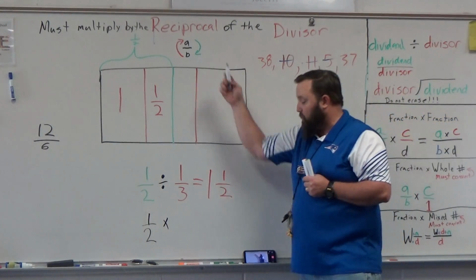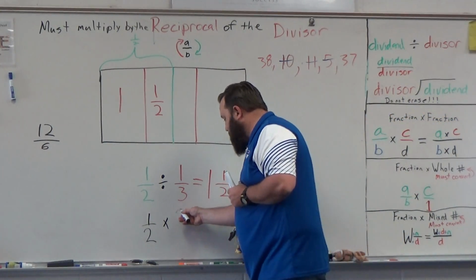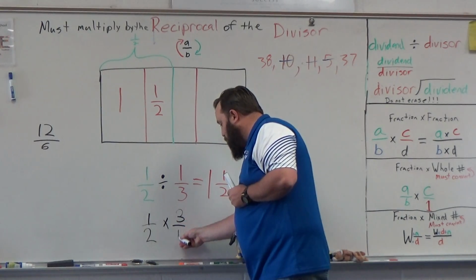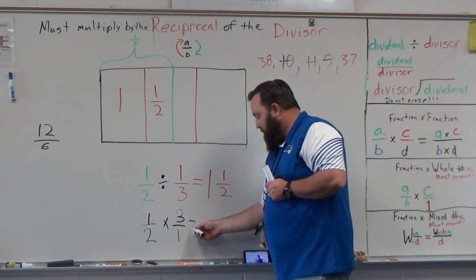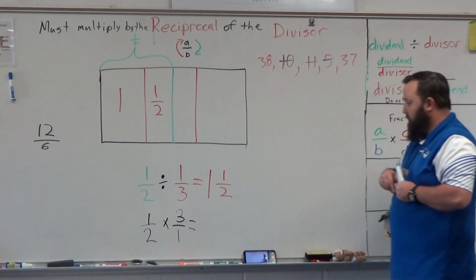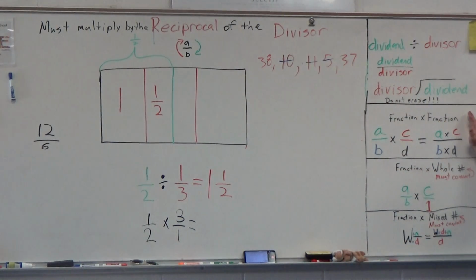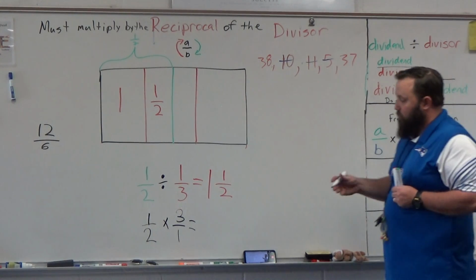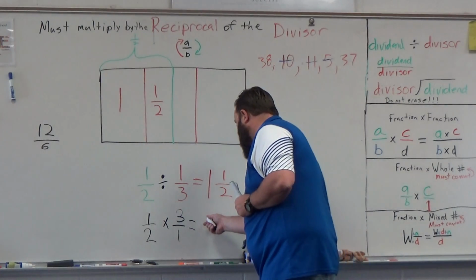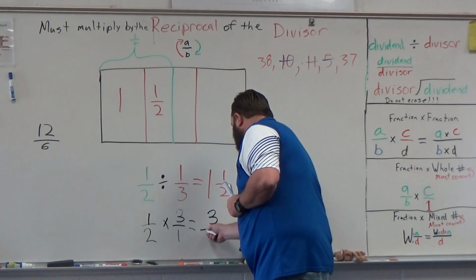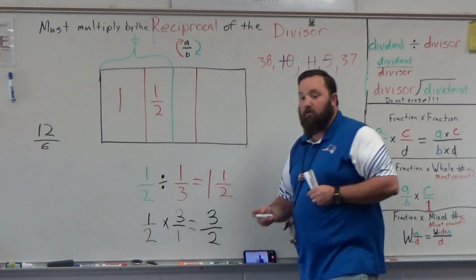So the reciprocal of 1/3 is 3/1. Now, am I where I want to be? We want to multiply a fraction times a fraction. Yes, I am. So now I can just use this formula right here: numerator times numerator, denominator times denominator. That gives me 3/2.